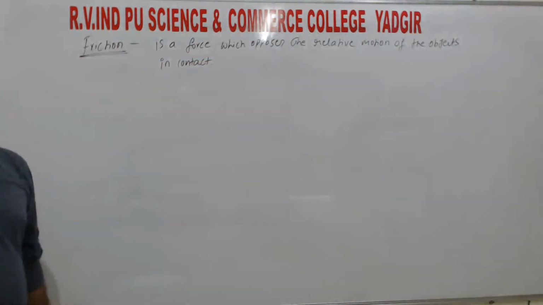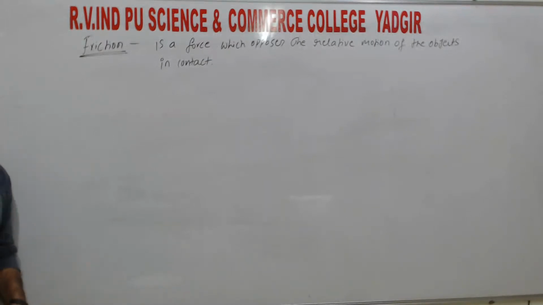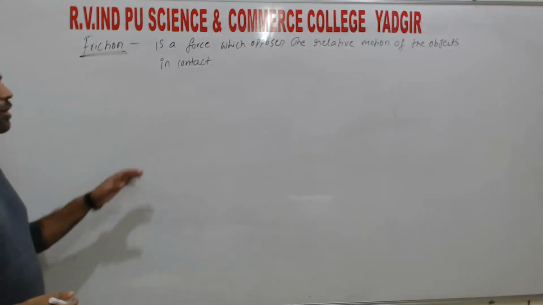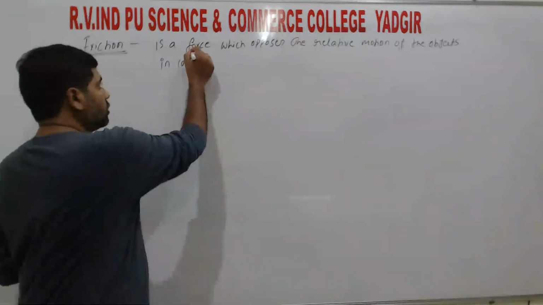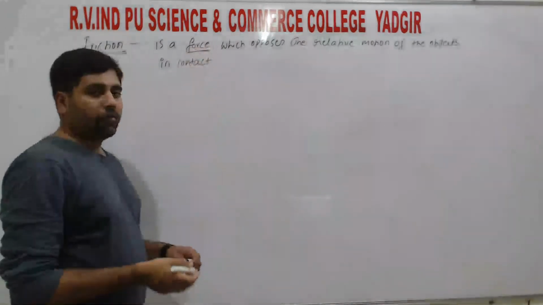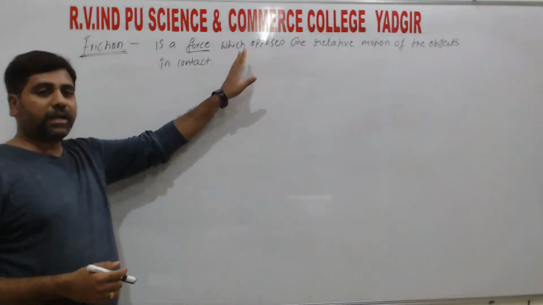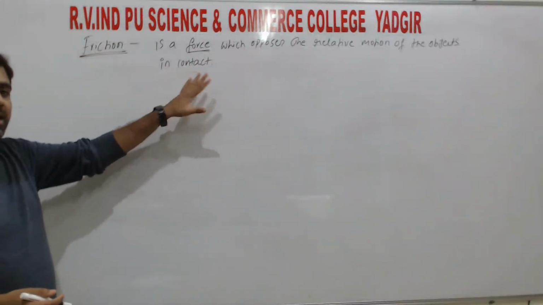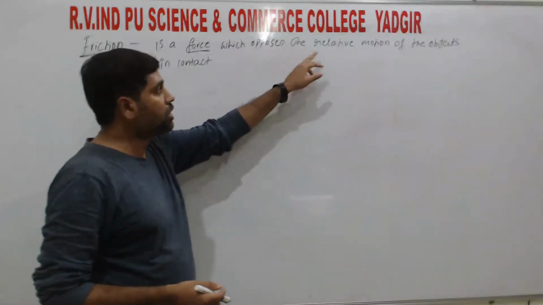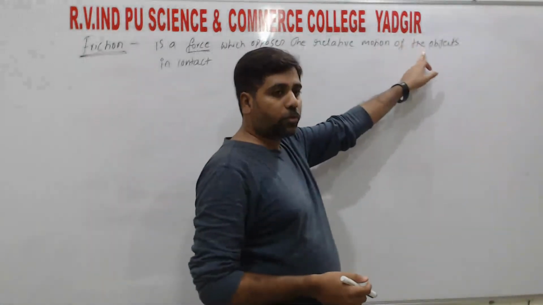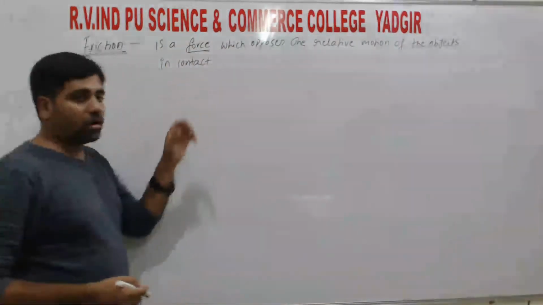So this gives the definition of friction. Friction is a force which opposes, that means it resists. Oppose means resist, right? Which opposes the relative motion of the objects which are in contact, right?